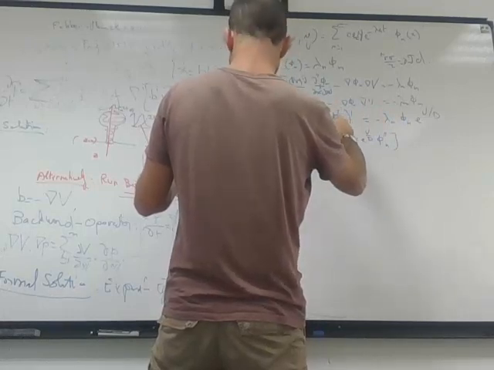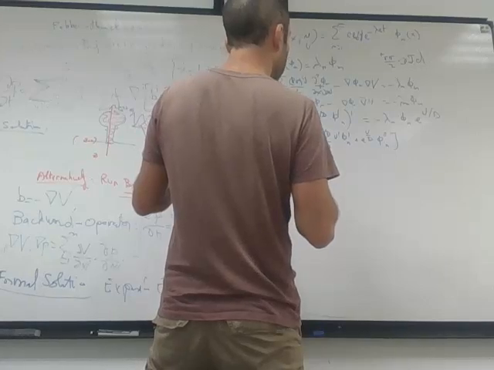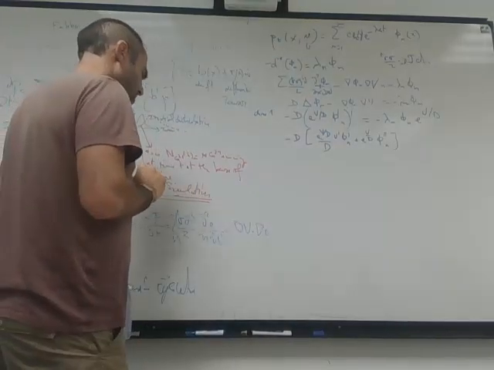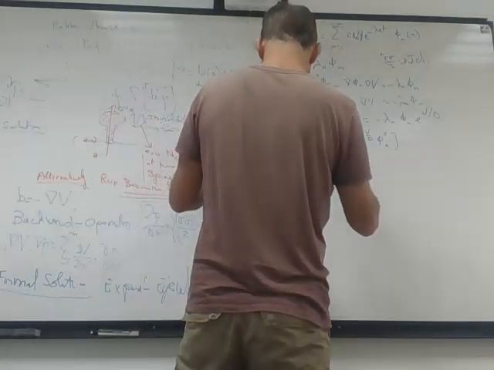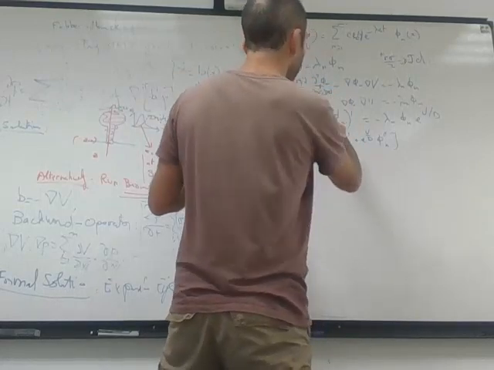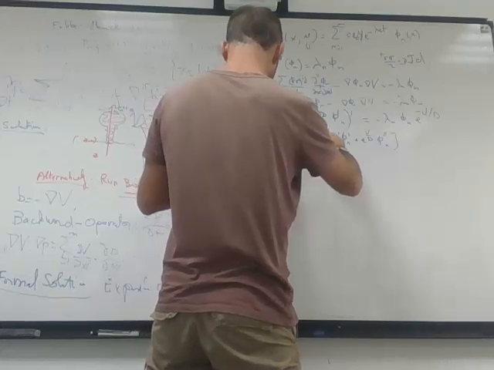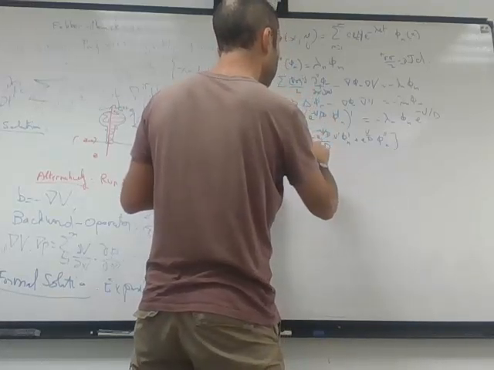Minus, is this correct? V equals minus gradient plus B gradient, so this should be with a minus. Right, so if you differentiate this with respect to this term, you have a minus.